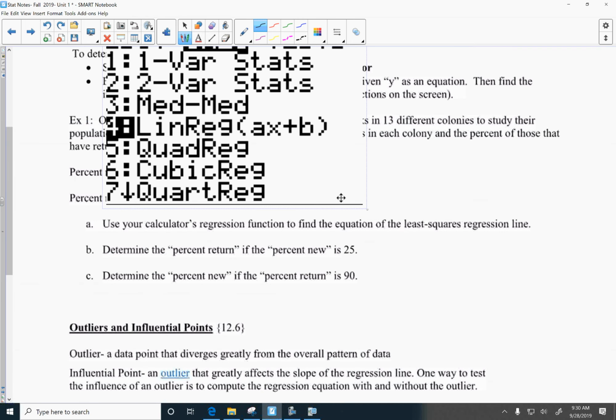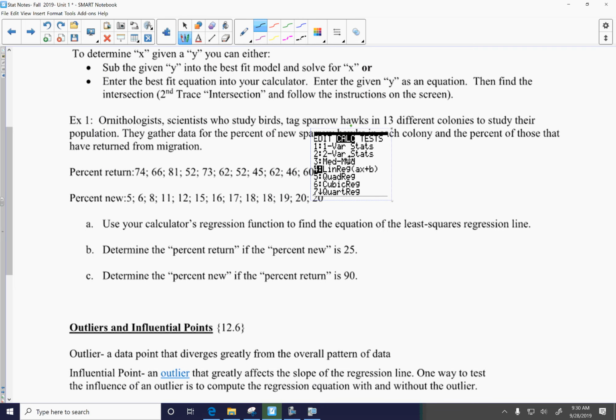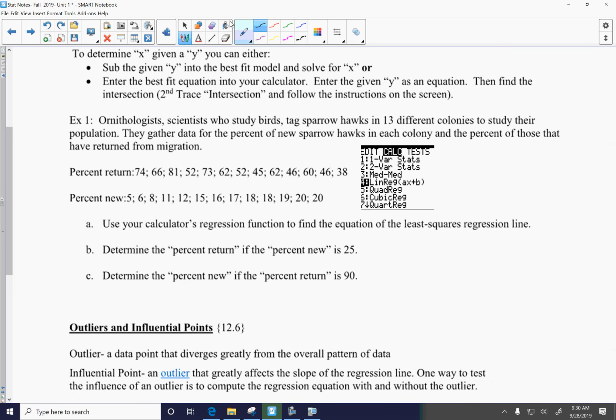Now, the issue is the phrasing of the question can be a little daunting, because they immediately throw one of the alternate titles of linear regression at you. Linear regression is also known as the least squares regression line, also known as the line of best fit, which I think is the best name for it, because it tells you exactly what it is. Then there's also the Pearson product moment linear regression equation, which is like, why would you call it that?